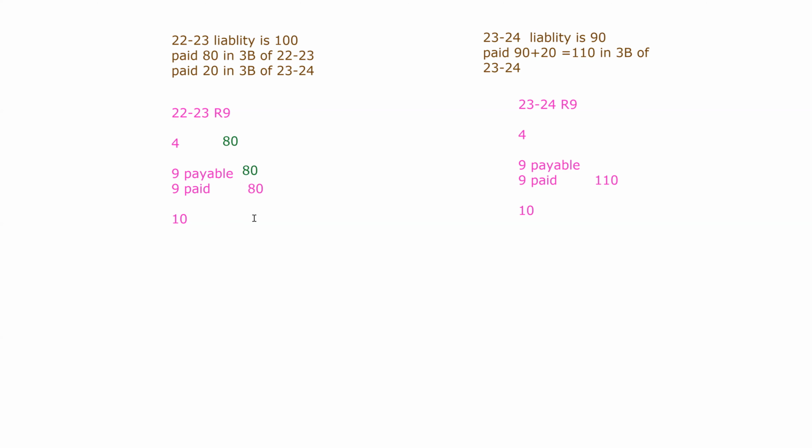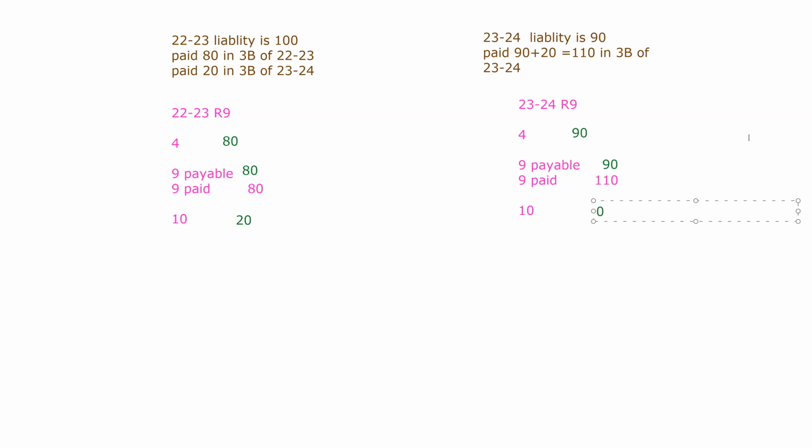And 10, since you paid, it will be showing 20. And when you come to the current year, your liability is only 90. You will be showing 90 here. The 9 payable will be showing 90. The 10 will be showing 0.